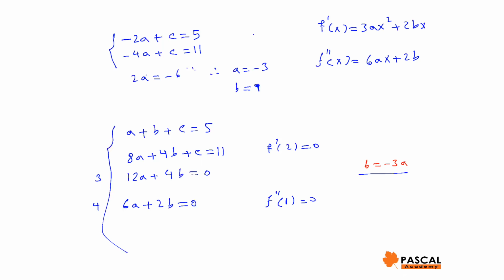And if we plug a and b into the first equation, minus 3 plus 9 plus c equals 5, then c would be negative 1.